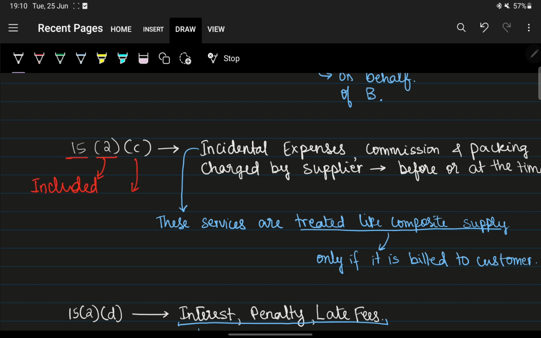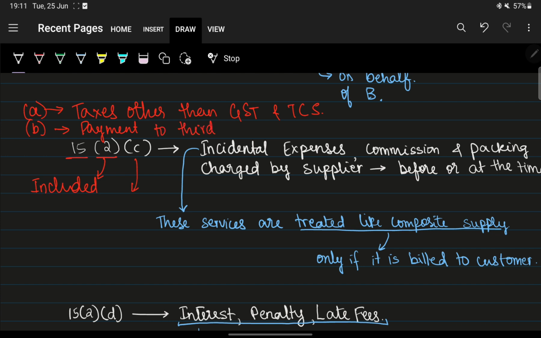And now we are talking about clause C. We had covered clause A, which was taxes other than GST and TCS, and clause B was about payment to a third party. By whom is this third party payment being done? This payment is done by the recipient on behalf of the supplier.